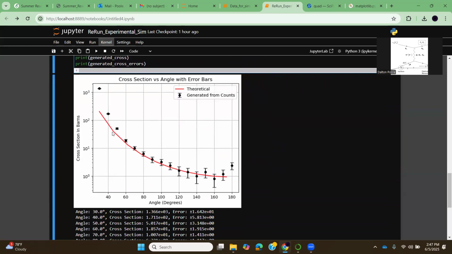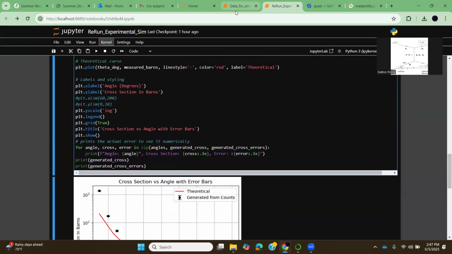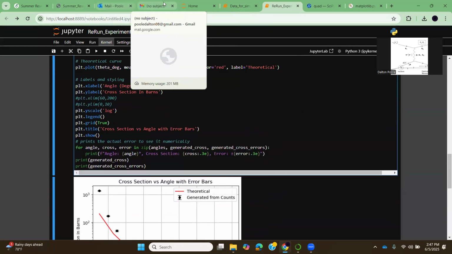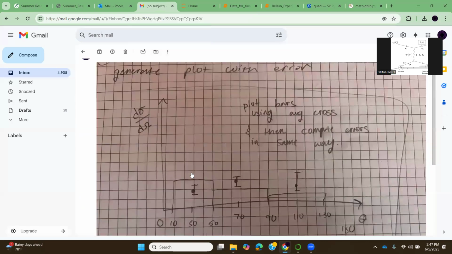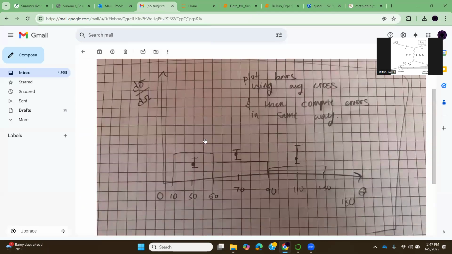But instead of a curve, Dr. Daniels wants me to, like in this picture here, plot the cross-sectional values as bar graphs, where the height of the bar is the actual cross section, and the bar spans the angle variation.